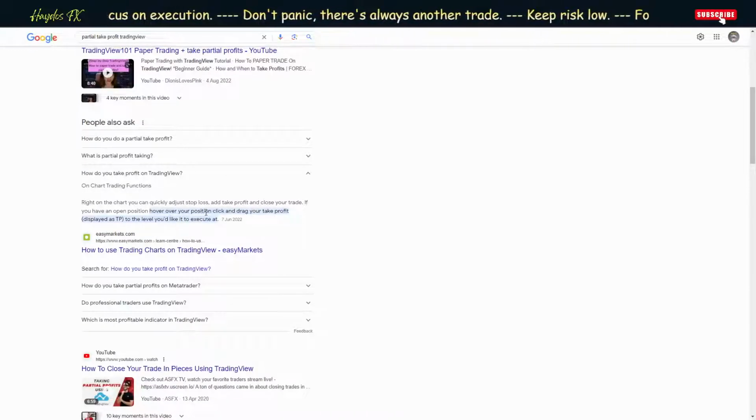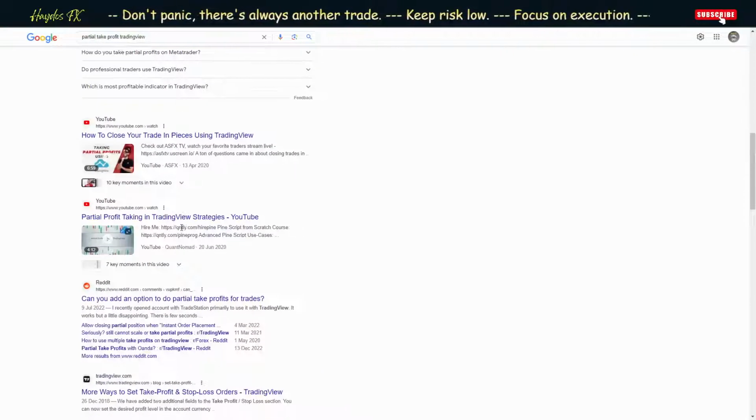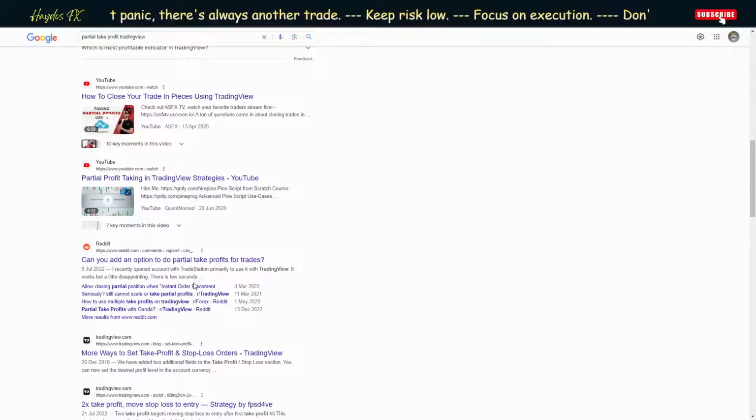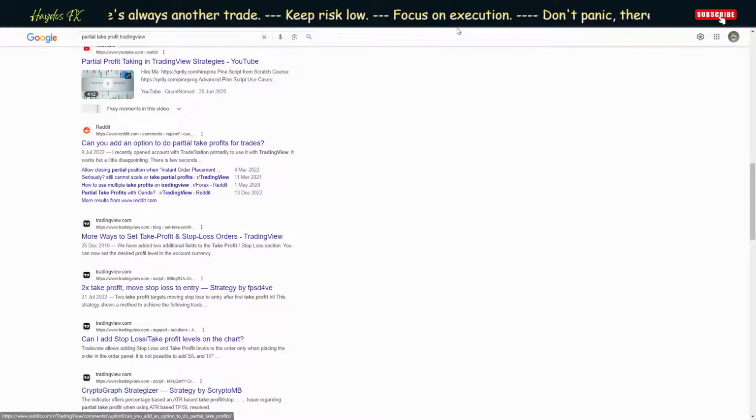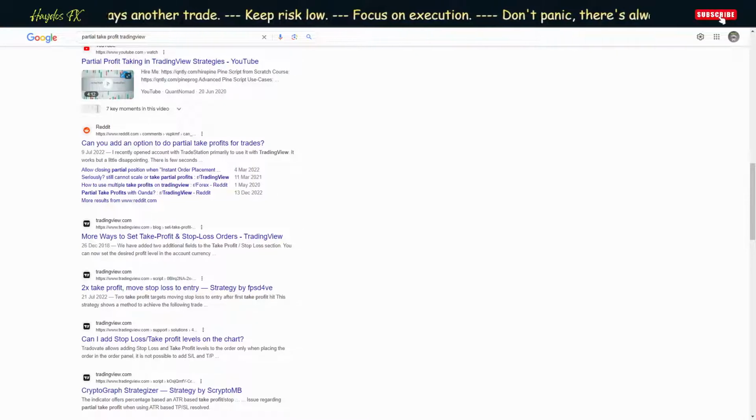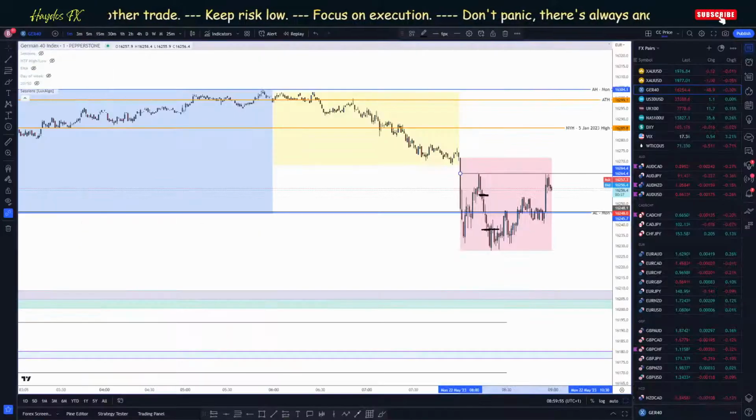Hover over your position and click. You can do it if you've got a non-hedging account. Non-hedging means you can't take buys and sells at the same time on the same pair.